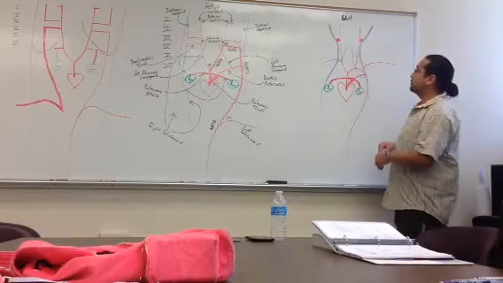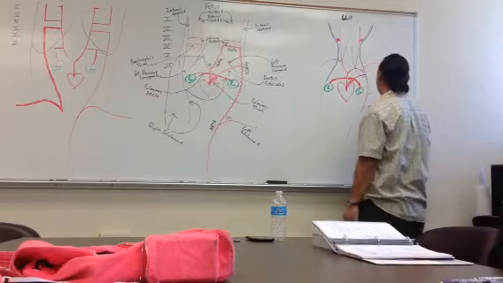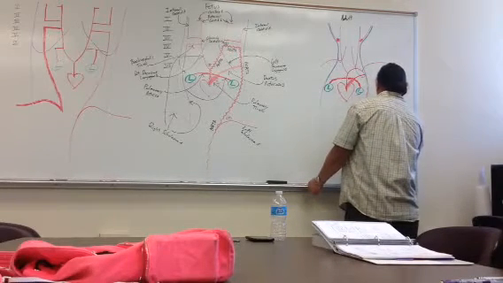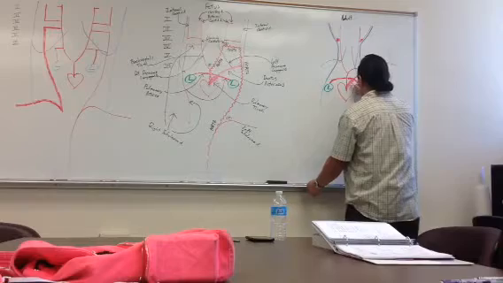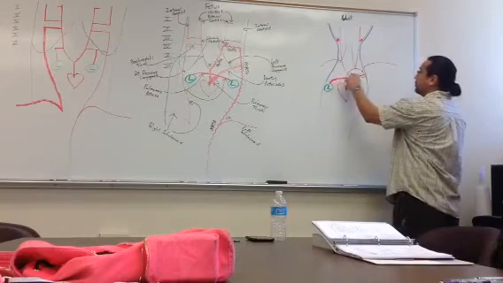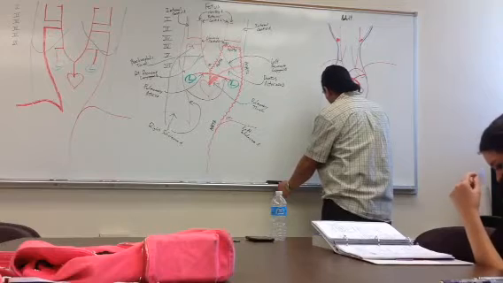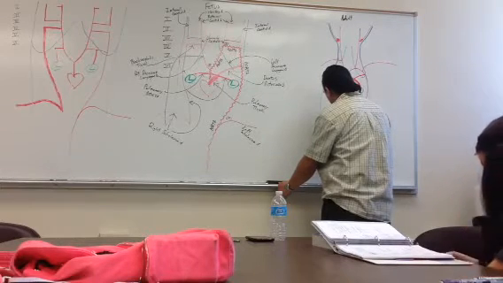So the vessels, what do we have right here? Pulmonary trunk. Okay, what do we have right here? Pulmonary arteries. There.